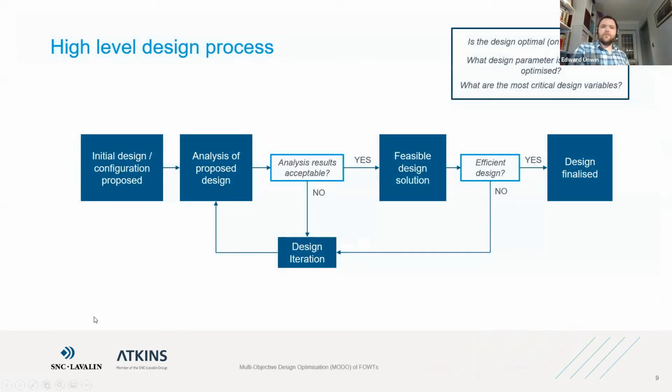So here we go. Right, this is what a conventional design process looks like. I suspect you're all fairly familiar with this. As naval architects, you'll probably have in your mind a spiral of some description for this process, but fundamentally, we have an initial design configuration. We do some analysis.